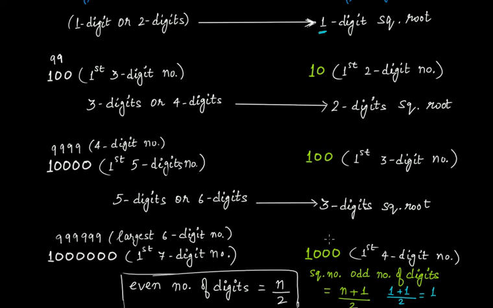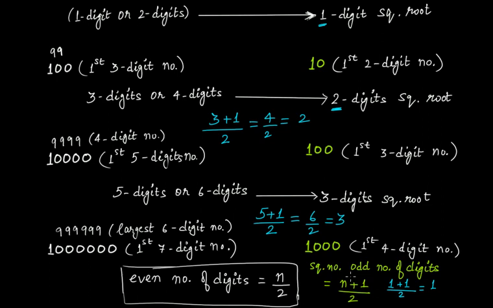When your square number has 3 digits, then the number of digits in the square root will be 3 plus 1 divided by 2, that is 4 by 2, that is 2. So we have 2 here. When your square number, that is odd number, has 5 digits, then the number of digits in the square root will be 5 plus 1 divided by 2, that is 6 by 2, that is 3.